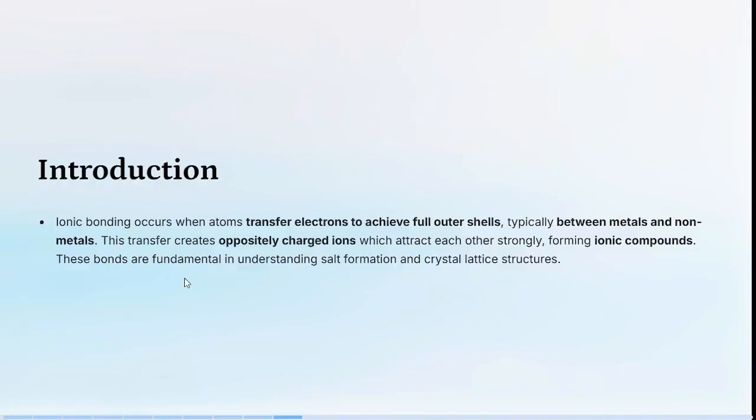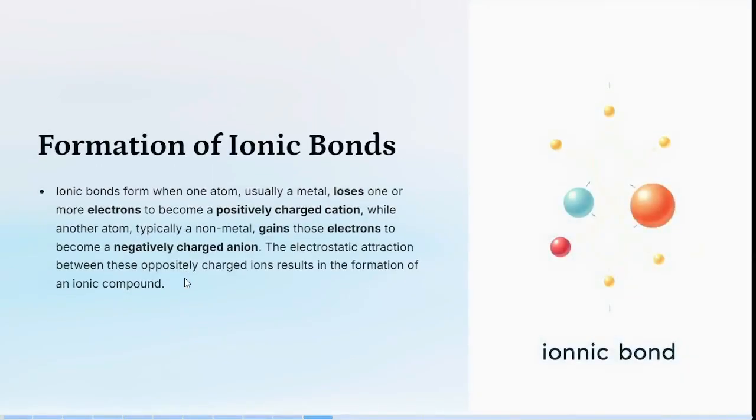So let's head into the formation of ionic bonds in depth. Ionic bonds form when atoms, usually a metal, lose one or more electrons to become positively charged cations, while another atom, typically a non-metal, gains that electron or those electrons to become negatively charged anions.